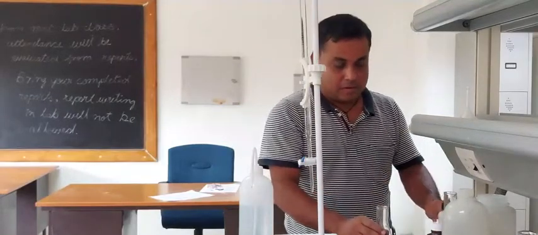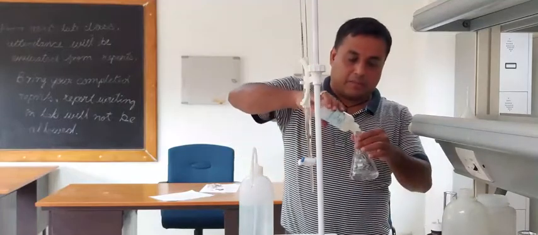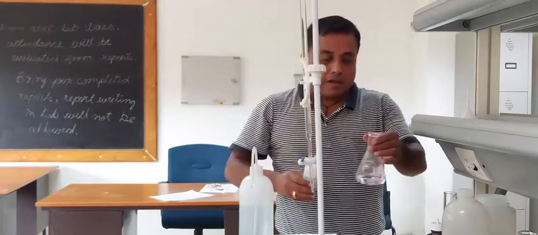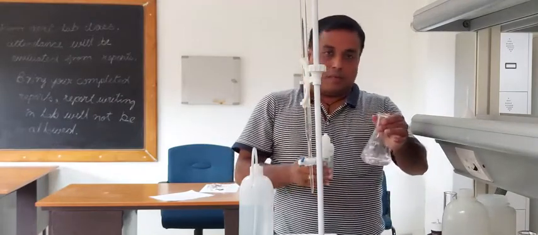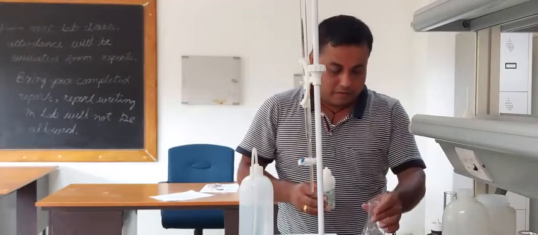First, I will add phenolphthalein indicator, to see if a pink color appears. So I am adding it for groundwater. There is no pink color with the phenolphthalein indicator. That means the pH is less than 8.3.